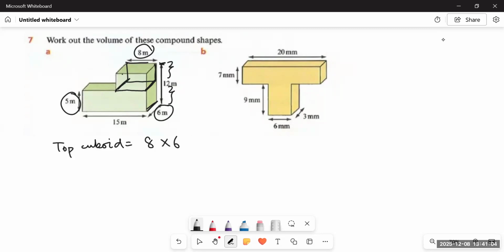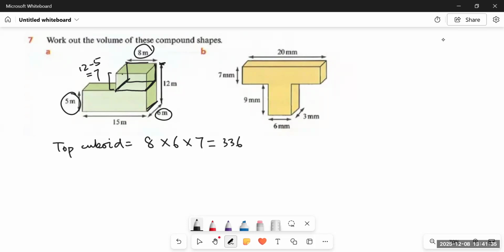So the upper part would have a height of 12 minus 5, and that's this one. This one is 12 minus 5, which is 7. And since it's 7, the volume would be 8 into 6 into 7. And since 8 sixes are 48 and 48 into 7 is equal to 336. So this is the volume of the top cuboid.